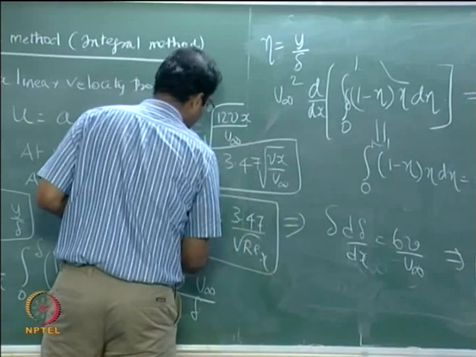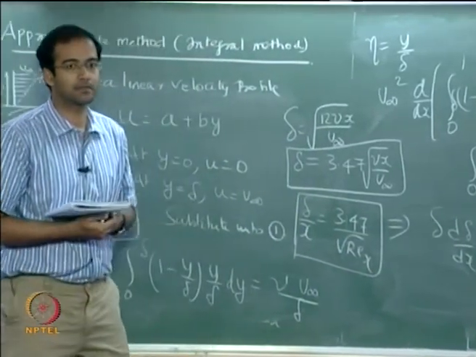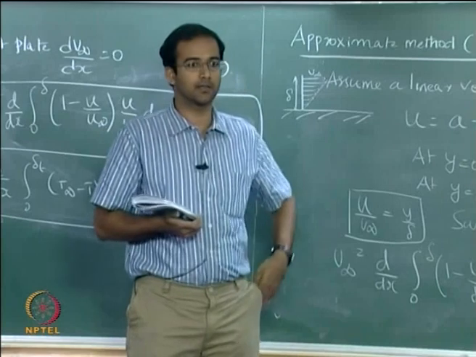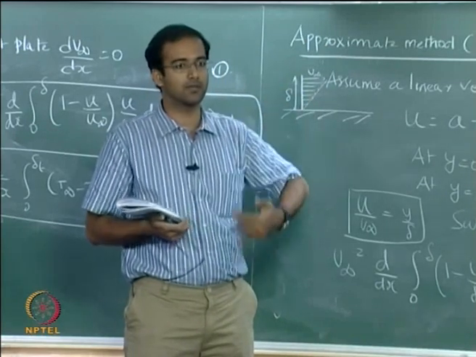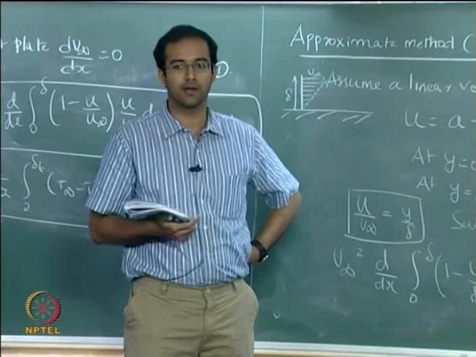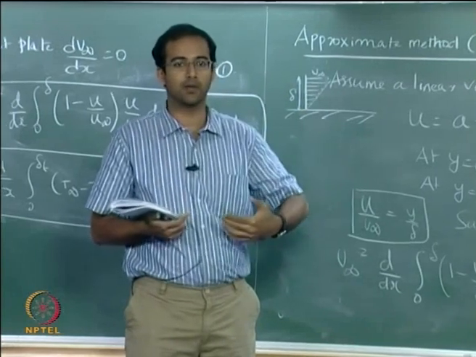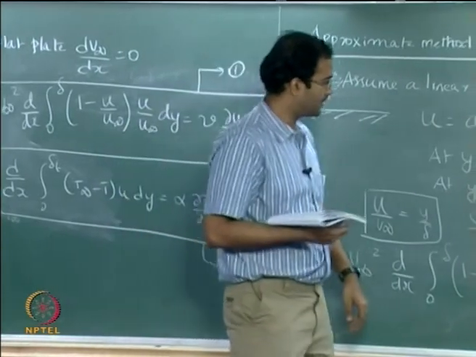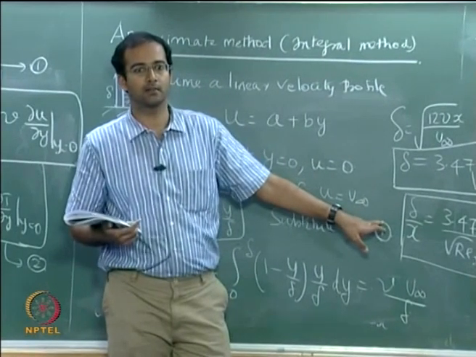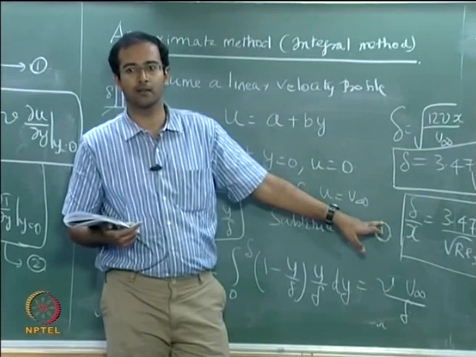Now you can compare this with the similarity solution from which we calculated the expression for delta. Do you recollect what is the expression there? That was 5. So how did we do that? We calculated for different values of eta f of 0, f prime of 0, and also at all other values of eta we have tabulated, and we found the corresponding value of eta where your u by u infinity or your f prime was 0.99.